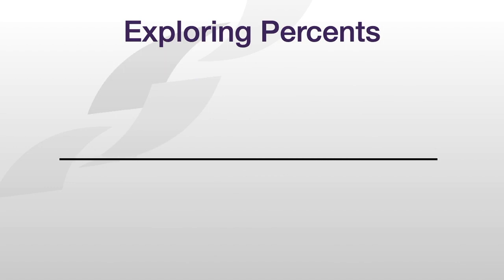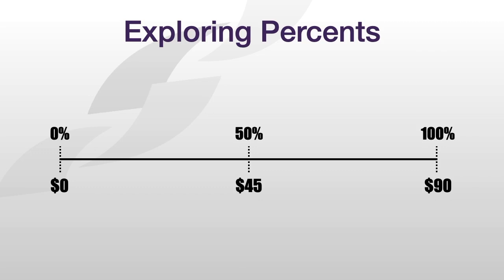The length of that number line is 100% of the regular price, which is $90. 0% is $0. 50% or 1/2 is a helpful benchmark. 50% of $90 is $45. 10% is another helpful benchmark. 10% of $90 is $9.